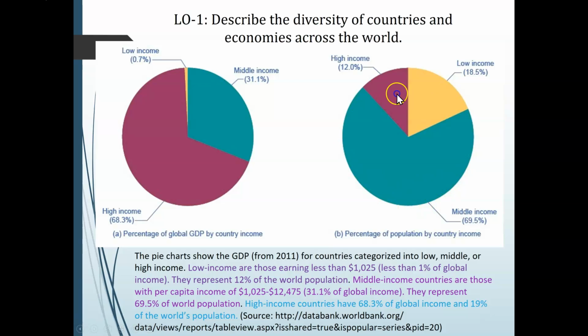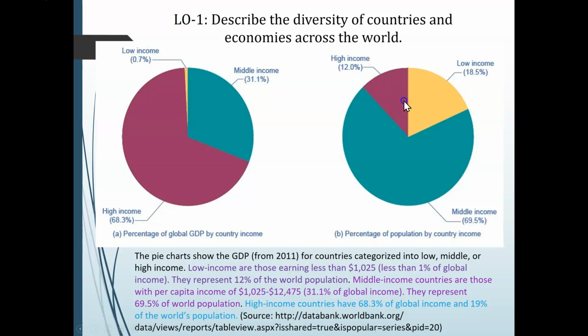So this is population by a country's income. This is the wealth of those countries. The lowest 19% of countries have less than 1% of all of the world's wealth or economy for the year, gross domestic or gross national international product.